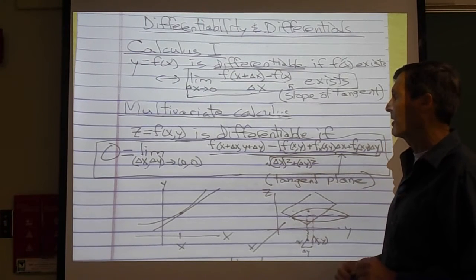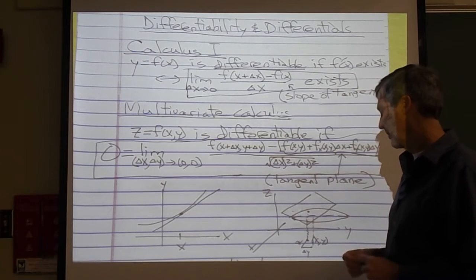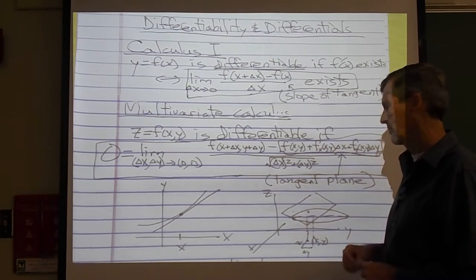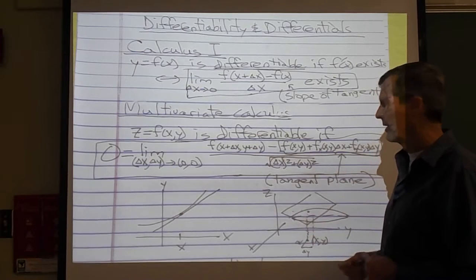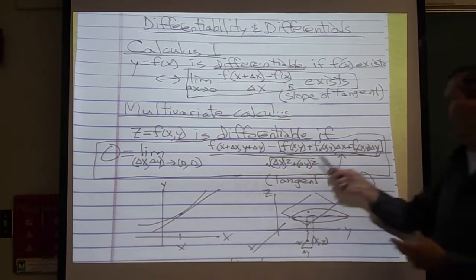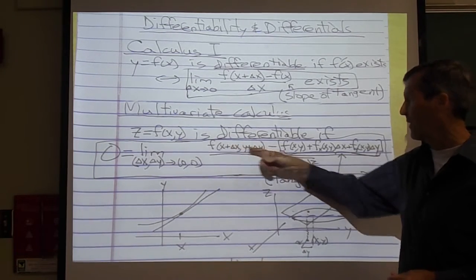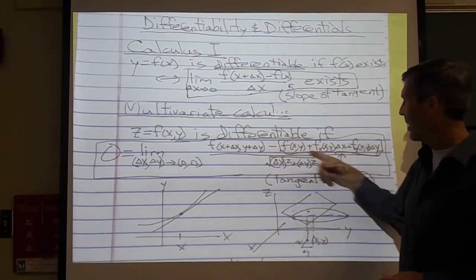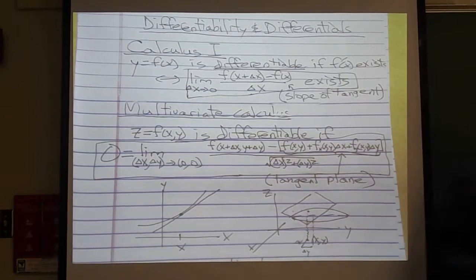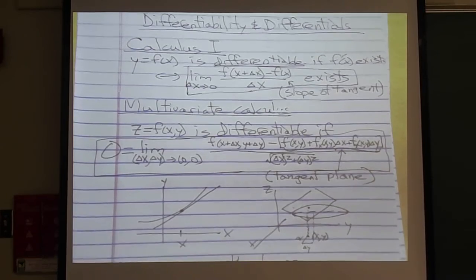So f is differentiable as a function of 2 variables if the tangent plane is a good approximation to the surface as you get closer and closer to the point of tangency. Alright, so that's the definition of differentiable. You don't have to memorize it, it's a mess, but if the value of f at a nearby point is approximated very well by the value of the tangent plane at the same point, then we'll say it's differentiable.